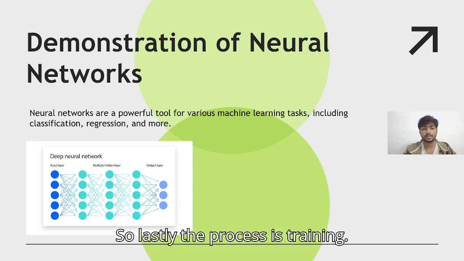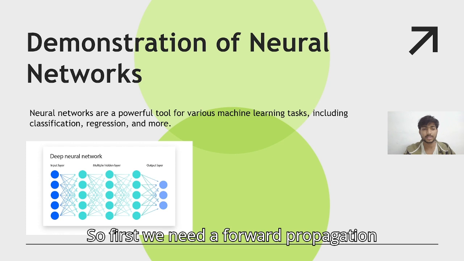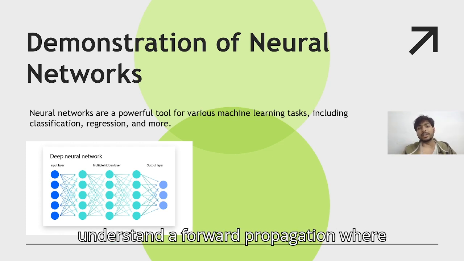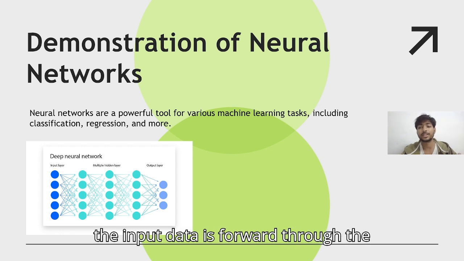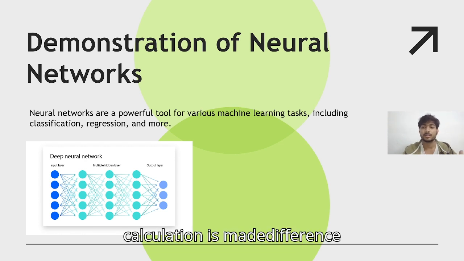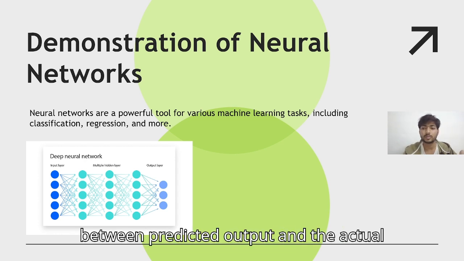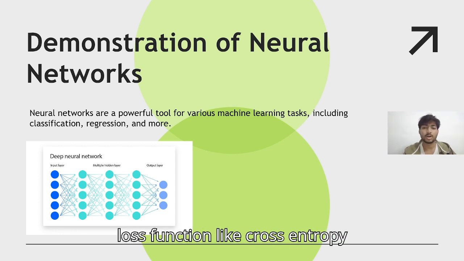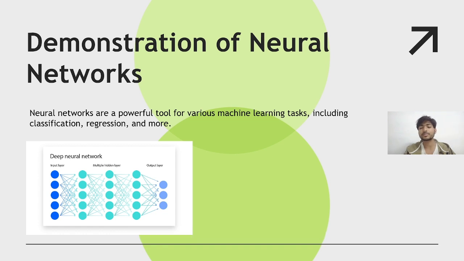Lastly, the process is training. First we need forward propagation, and we also have backward propagation. Let's understand forward propagation, where the input data is passed forward through the network, calculating the output. The difference between the predicted output and the actual label is calculated using a loss function like cross entropy.